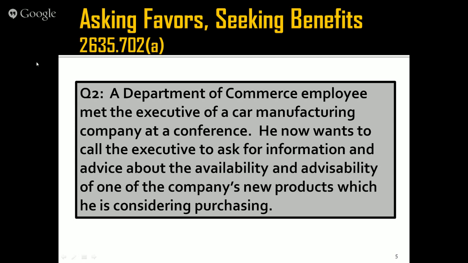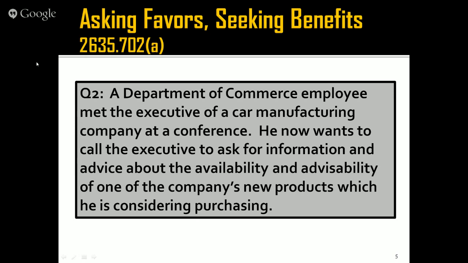Can I expect the same from them in a circumstance where I want information that isn't necessarily something the Department of Commerce would give out routinely? So you create a reciprocal kind of confusion, really. It's confusion about whose interests and perspectives we need to be considerate of.